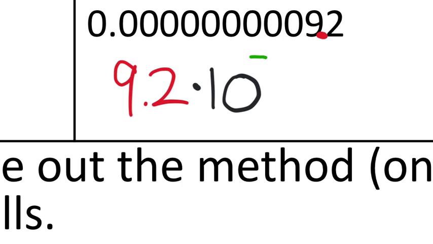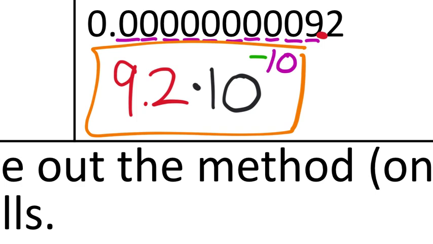But the value of that negative is how many place values are between the decimals. 1, 2, 3, 4, 5, 6, 7, 8, 9, 10. So that exponent becomes 10, but negative 10. And so this is that value in scientific notation.